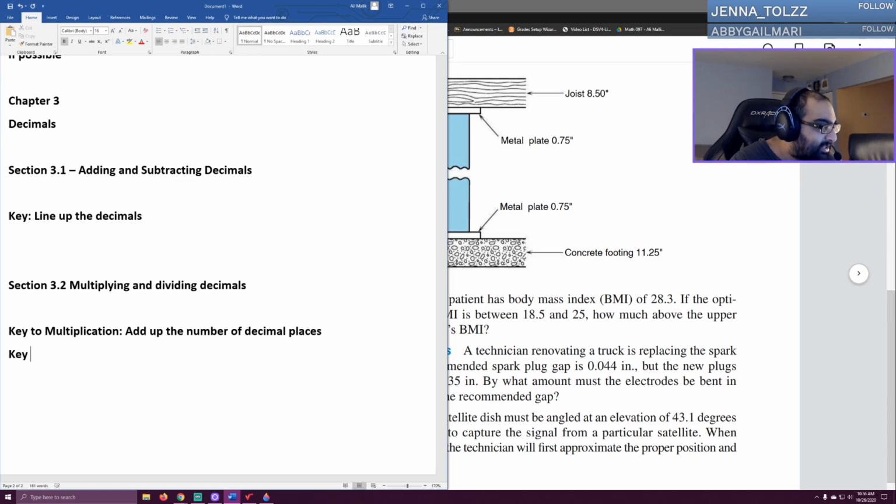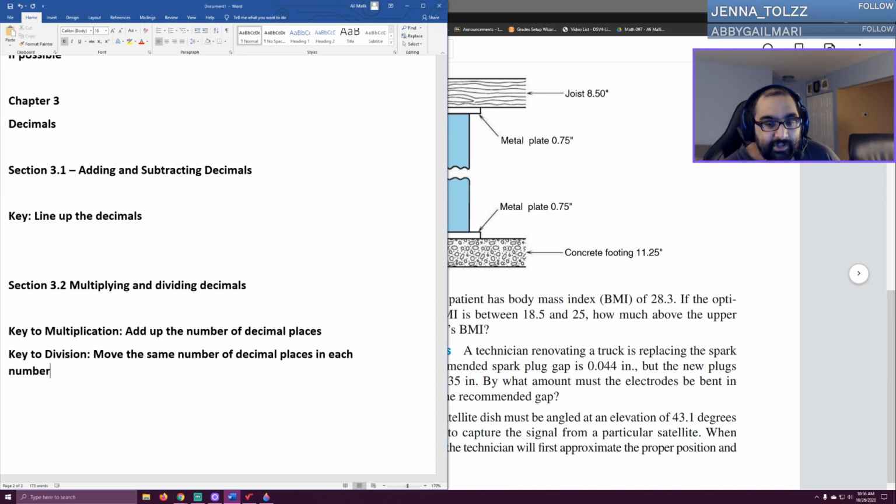And the key to division is to move the same number of decimal places in each number. I'm not going to go over this necessarily. It's not super hard to do, because I'm thinking more on the practical side of things.